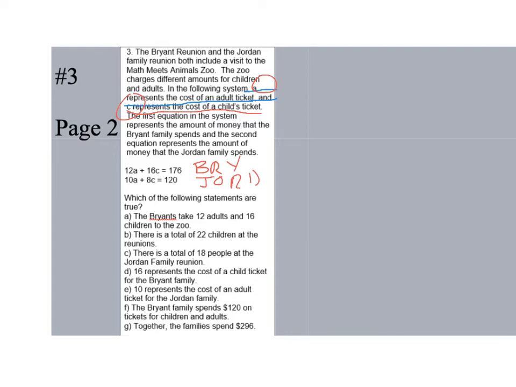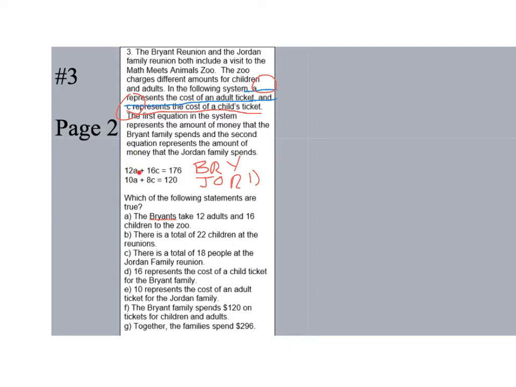The Bryants take 12 adults and 16 children to the zoo. Alright, so to answer this, I'm really only looking at this equation right here, because this is the Bryants, so I don't even care about the Jordans right now, and it's a good way to do these problems. In this equation I see 12 and 16, so that might be true, but again, what does our variable stand for? A is the cost of the adult ticket, so this would be 12 times the cost of the adult ticket.